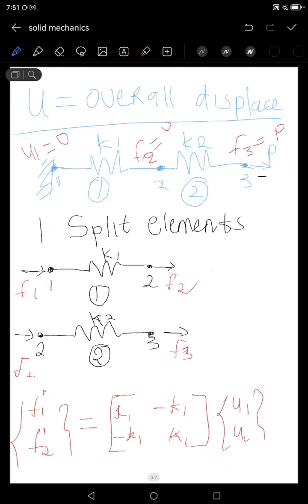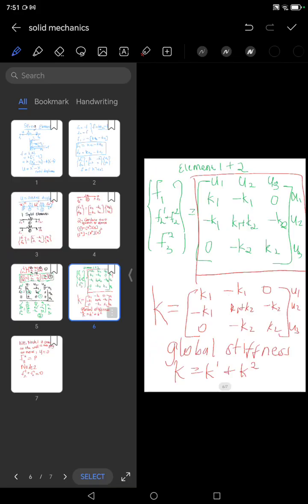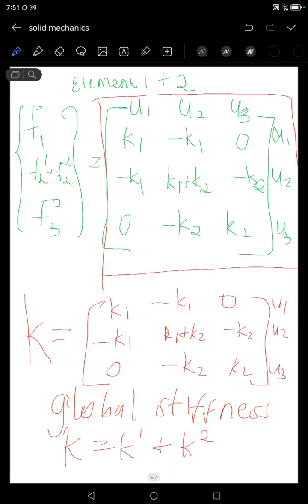So from our matrix here, we can get the equation. From getting the equation, that's where we can determine the nodal displacement. We can also determine the force.